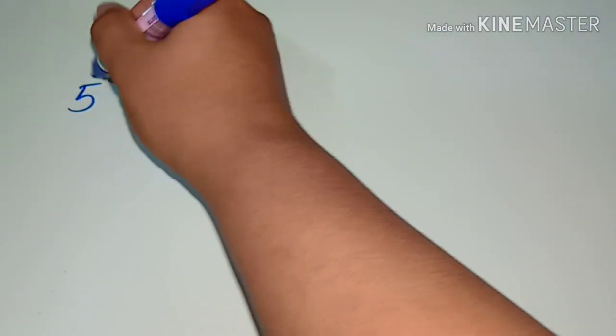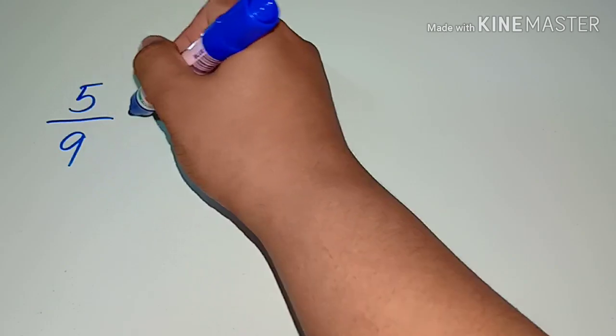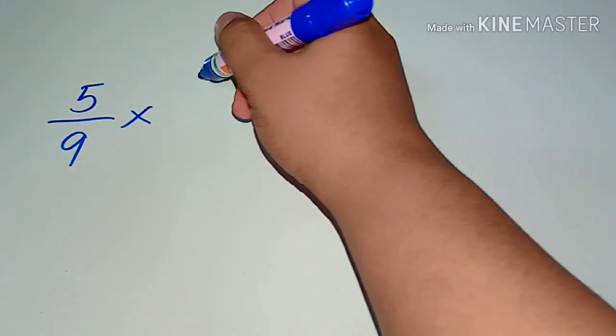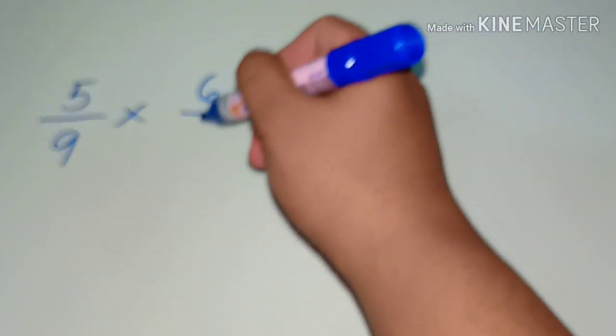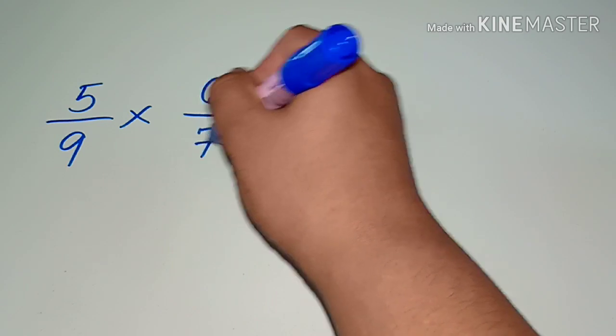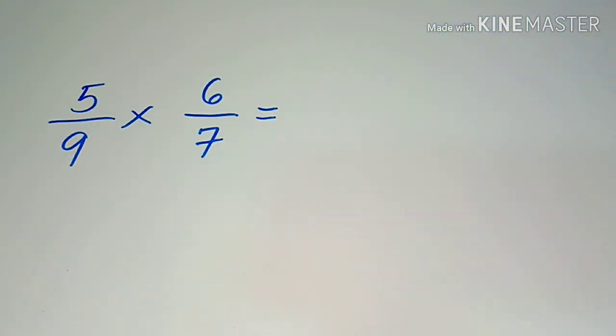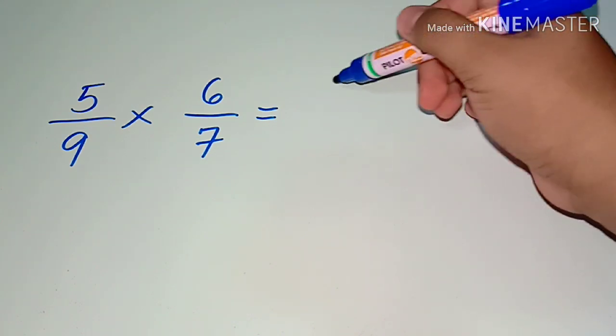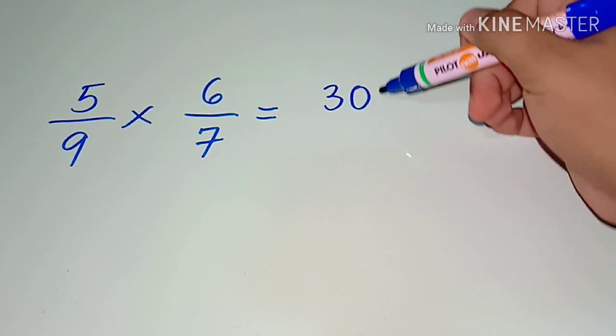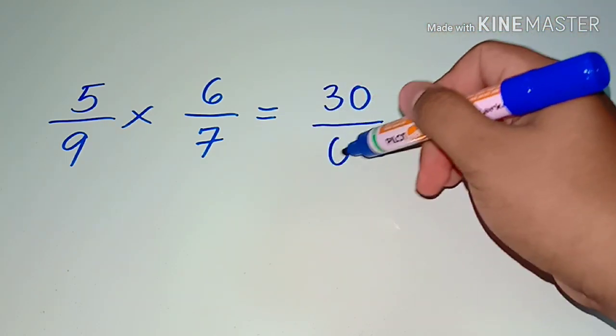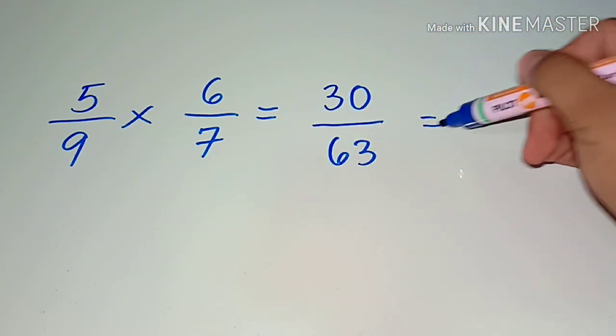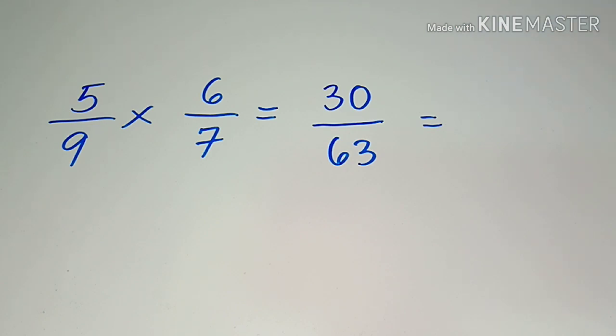Then another example is, what if we are multiplying 5/9 times 6/7. So let's try to solve that one by just multiplying both the numerators and denominators. 5 times 6 is 30. 9 times 7 is 63. But if you try to notice the fraction there, it's still big.